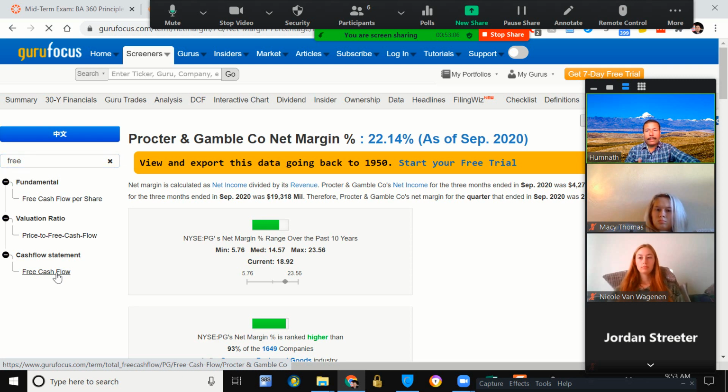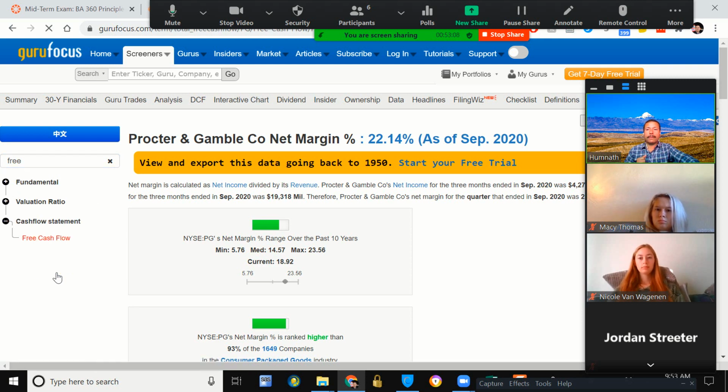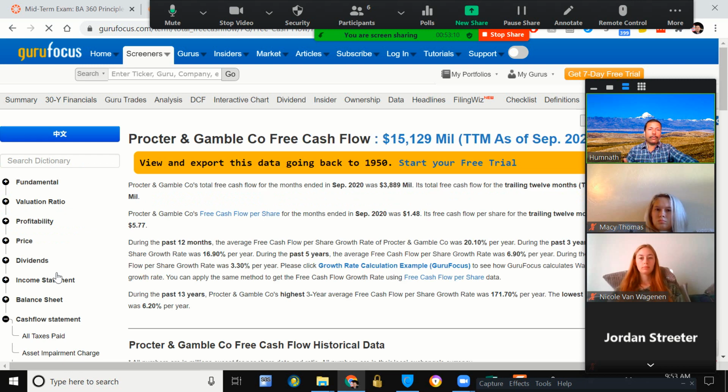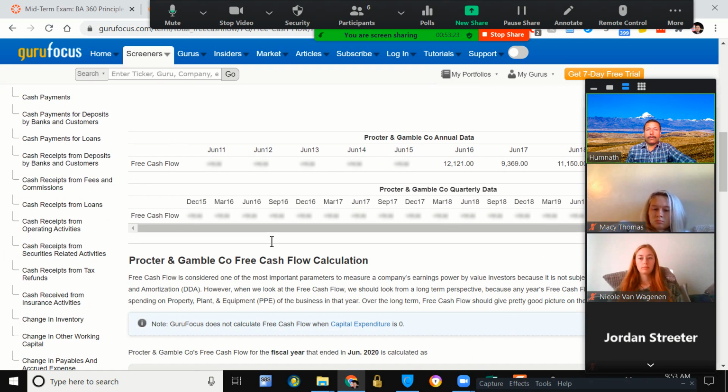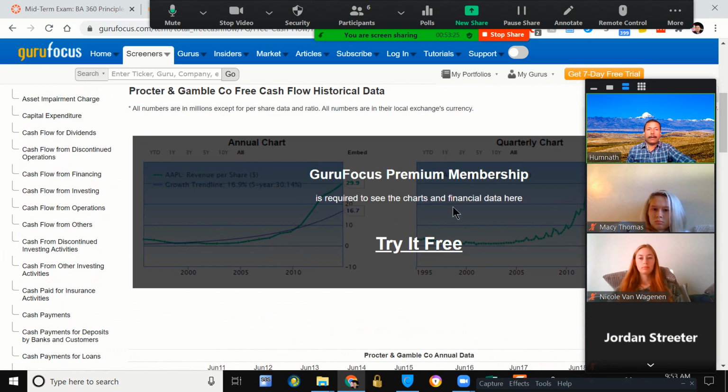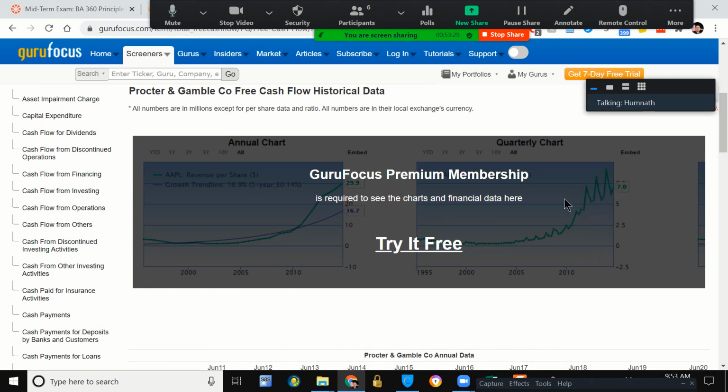So for example, let's click on free cash flow. As I told you, depending on what information is available to us, we can use multiple different ways to calculate this free cash flow. But let's just have a look at this one. Since I'm using a trial, it doesn't show everything over here, but at least I have all the information I need.